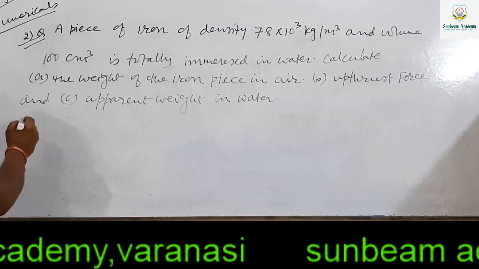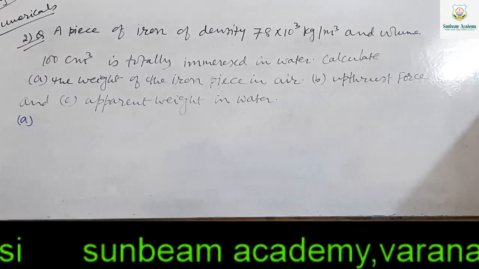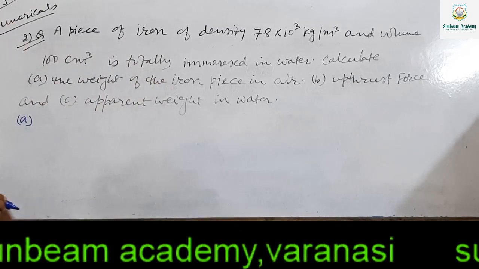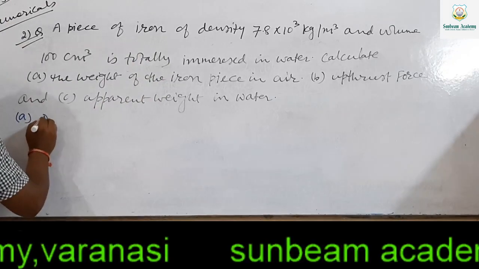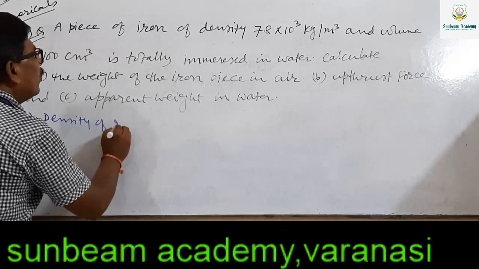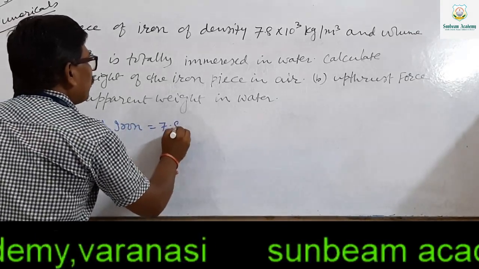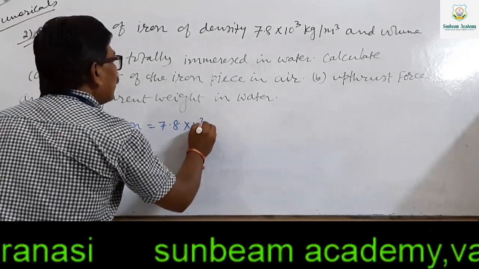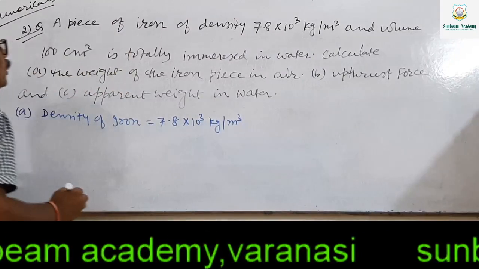First part, what we have to find out is the weight of iron piece in air. So first we write here: density of iron is given as 7.8 into 10 to the power 3 kg per meter cube.